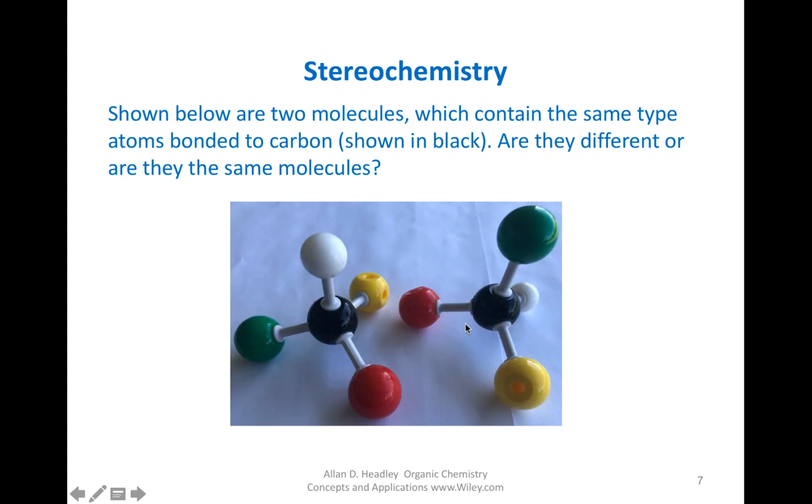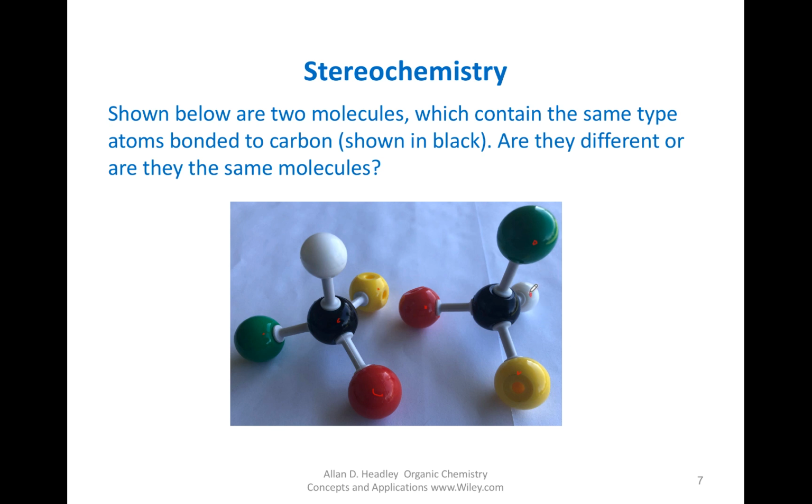Okay, let us look here at another example. So let's get back to the same aspect here. Now I have two molecules, carbon, a red, a yellow, a green, and a white. Same, a red, a yellow, a green, and a white.